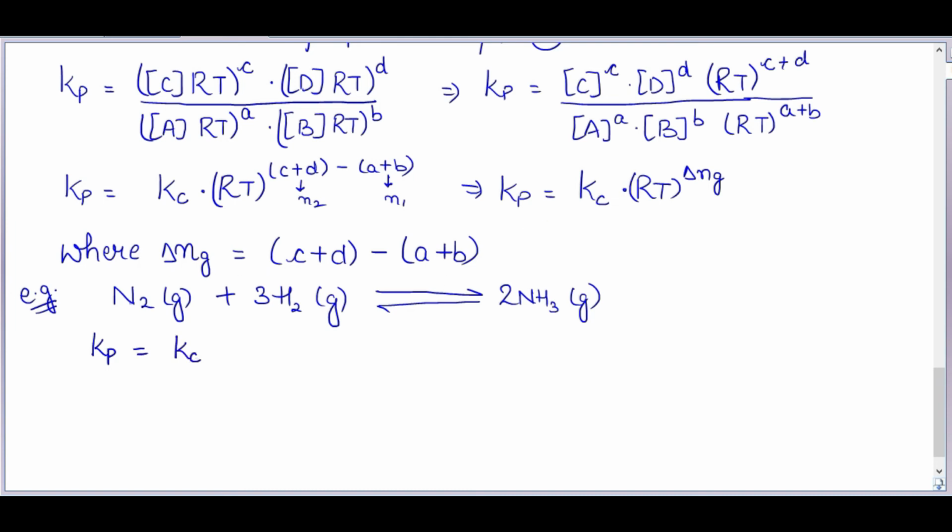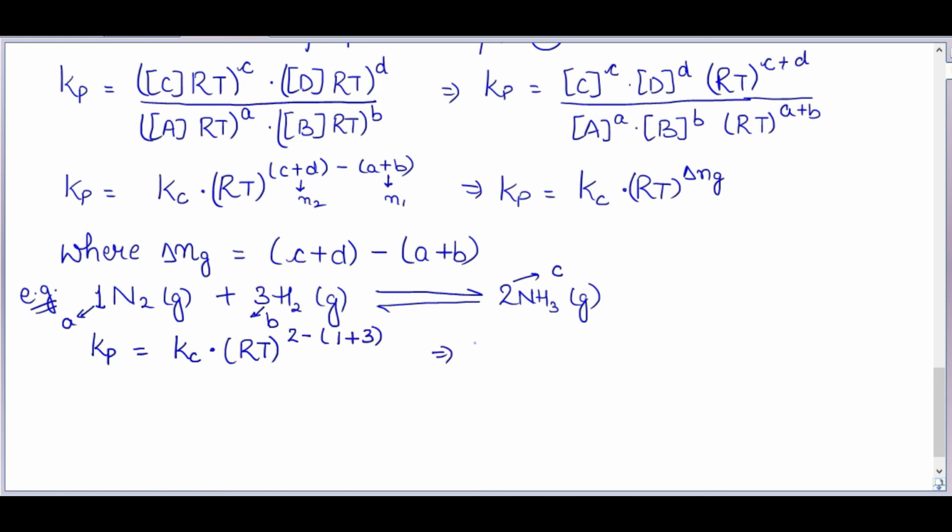Here if I take N2 as capital A, I'm having 1 over here, so this is small a, right? And it will be small b for H2, and definitely I'm having only one product, so it will be C, right? So C minus A plus B, I'll get this value, so it will be RT, okay, and C is definitely 2 minus 1 plus 3, right?